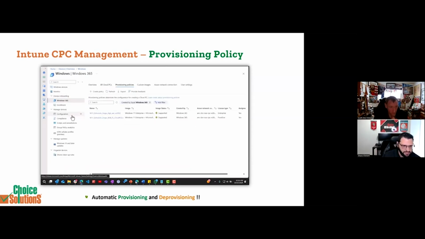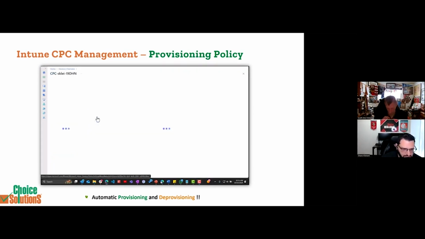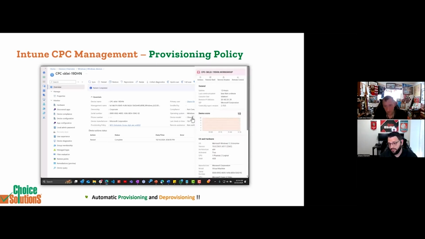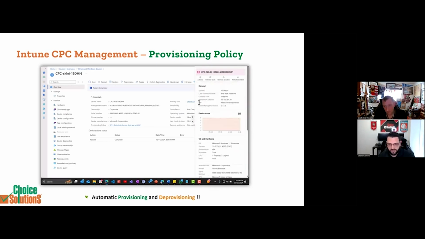So now what you'll notice here is, oh, is it still going? Okay. Yeah. So basically if you click on a desktop, it looks just like Intune at that point. You can see all the different things around compliance and policies, and you can resize it from here. You can reprovision it from an admin perspective. But what we wanted to show is a little sprinkling in, Enrich, from an observability standpoint.